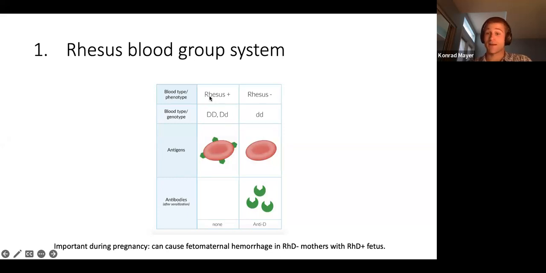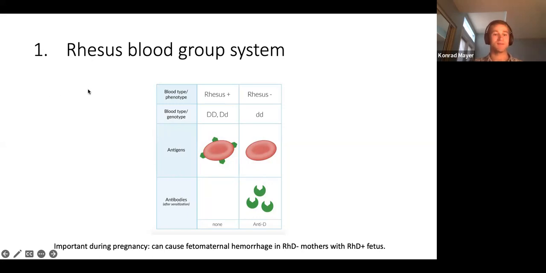I want to say over 95% of people are Rhesus positive, and Caucasian people, white people in Europe, 85% are Rhesus positive. So the overwhelming majority of people is Rhesus positive, and there's not as much variety, and that's why the AB0 system is most important for blood.